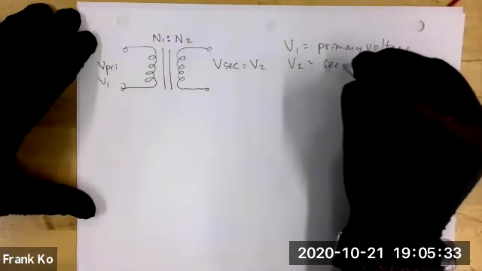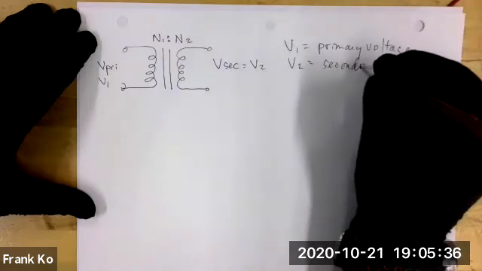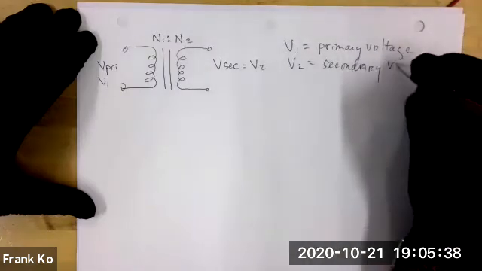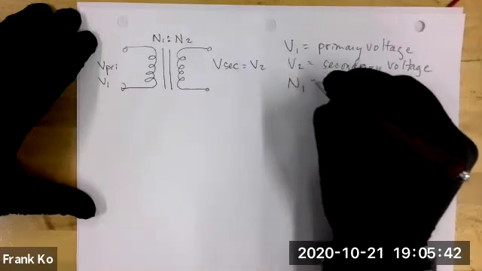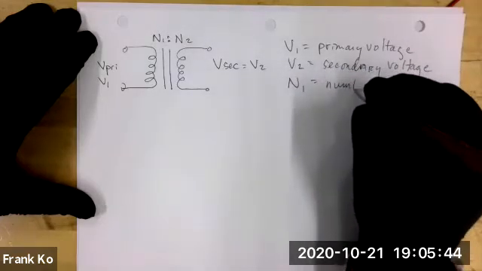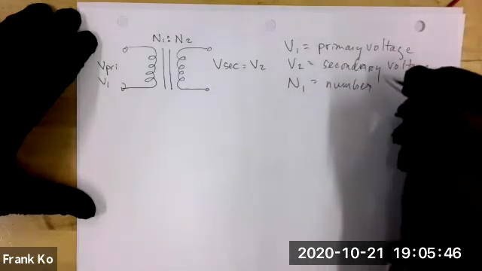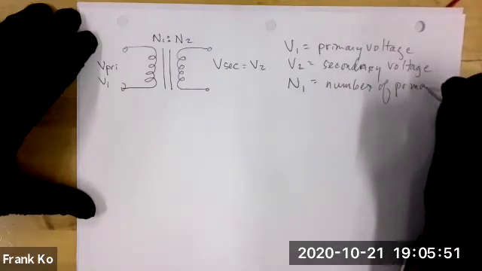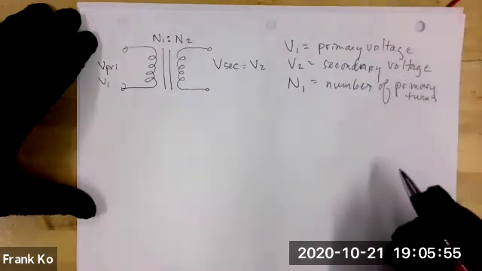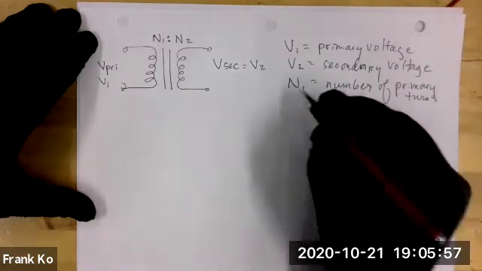V2 is your secondary voltage. N1 is number of primary turns or windings, however you want to think about this.